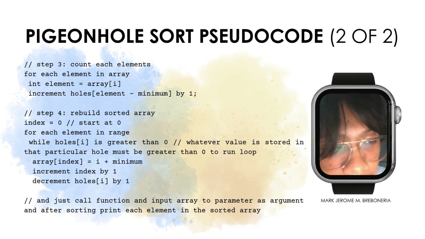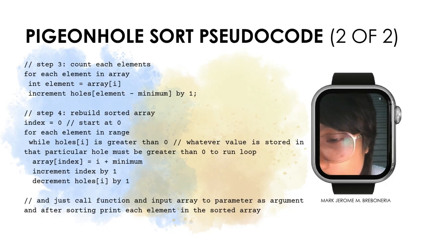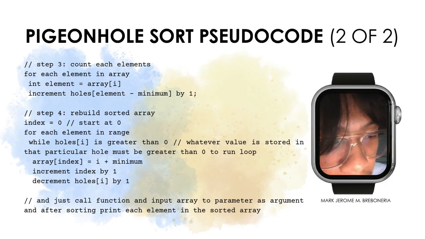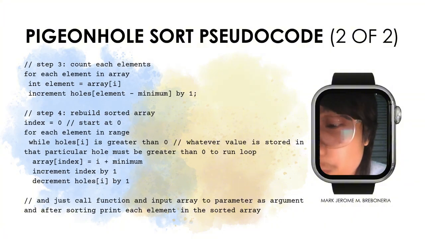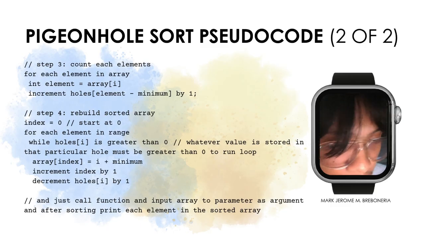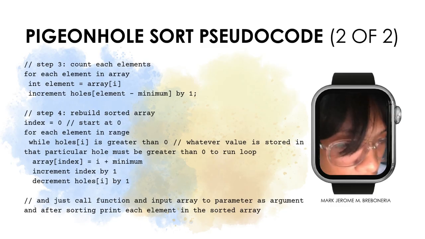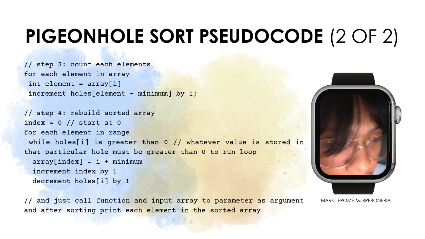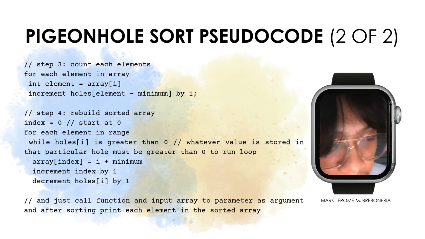Then we'll be incrementing index by 1. So it means that we're already done with the 0 index of the array, and now we'll be moving on to the next index, which is now 1 because we incremented the index by 1. And then of course decrement holes[i] by 1 since we're done with the holes.